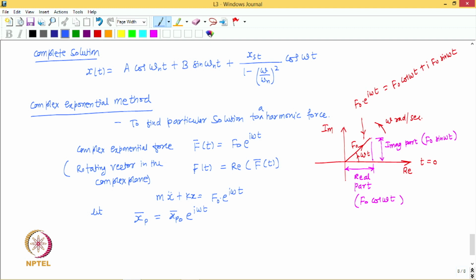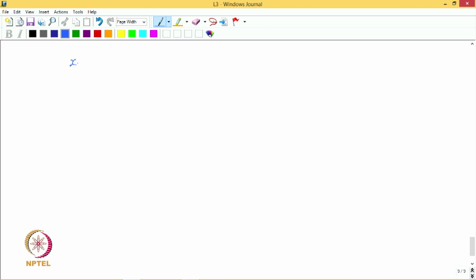Now, we need to substitute this in the equation of motion, and therefore we need to differentiate. So xp bar dot is nothing but the derivative of xp bar with respect to time, and because xp bar is xpo bar e to the power i omega t, what we get is i omega times xpo bar e to the power i omega t, which is i omega xp bar.